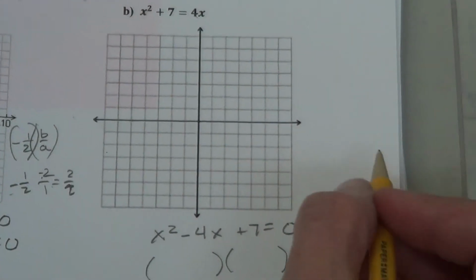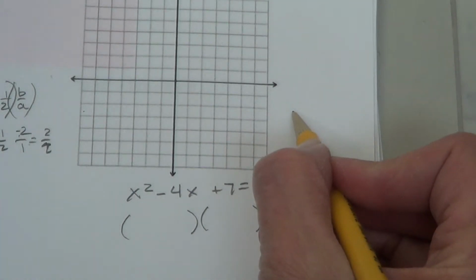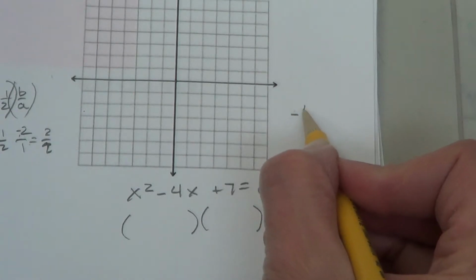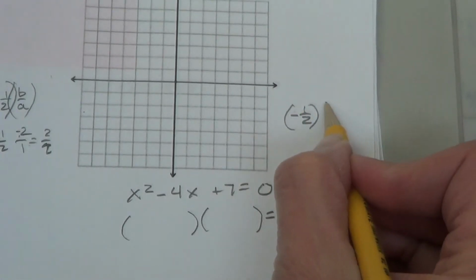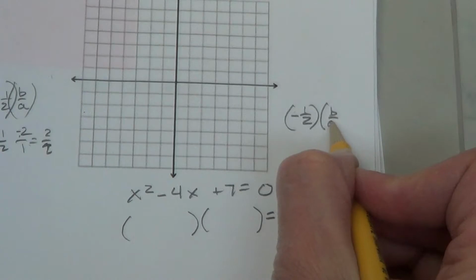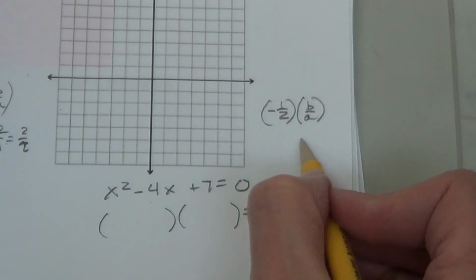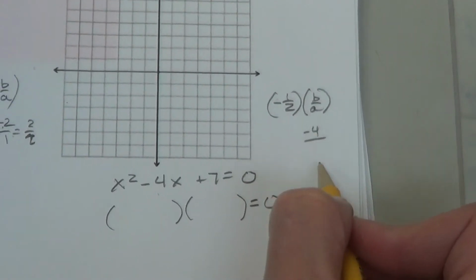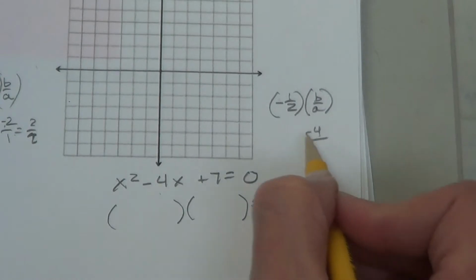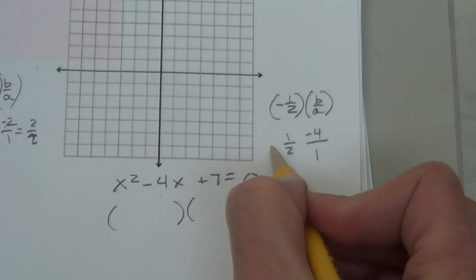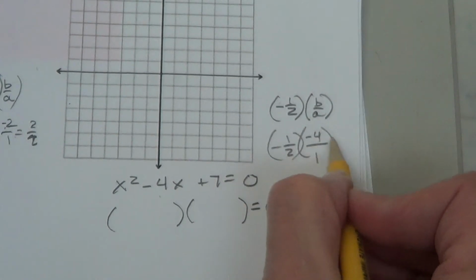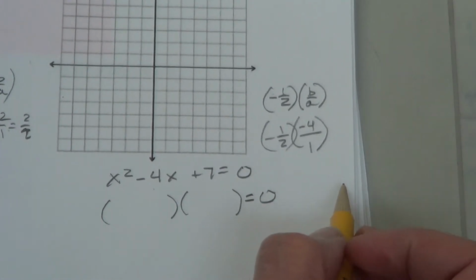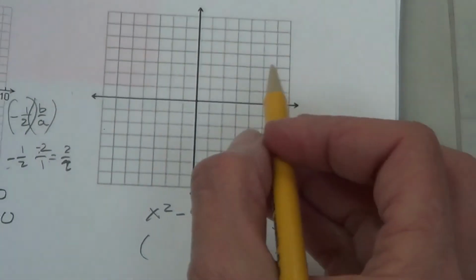So our axis of symmetry is negative 1/2 times b over a. Our b value is negative 4. Our a value is 1. Times negative 1/2: a negative times a negative is positive, and 1/2 of 4 is 2.